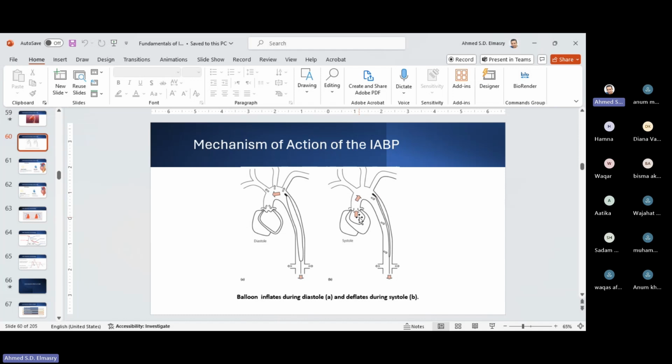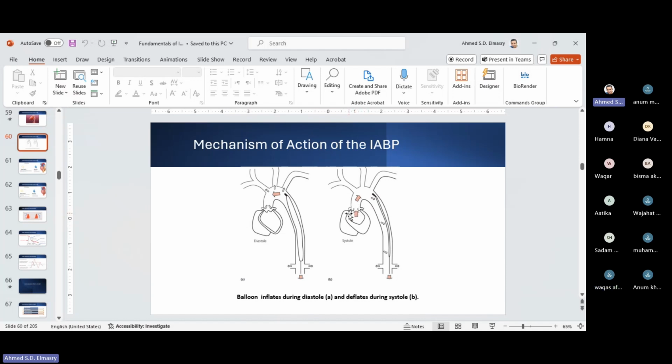So the stroke volume that will be ejected by the left ventricle will be less. In the long term, the reduction of the stroke volume that should be ejected by the left ventricle will lead to dilatation of the left ventricle if your afterload is still elevated. So the afterload will decrease the stroke volume that should be ejected by the heart.